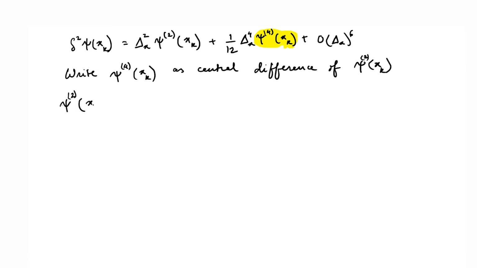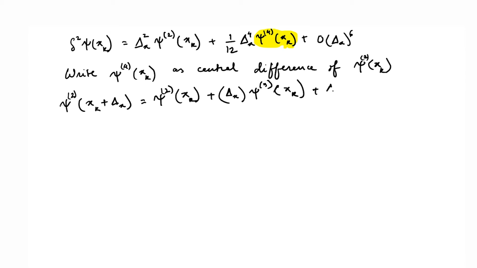We write psi 2 at x_k plus delta x, that is k plus 1, as psi 2 x_k plus delta x psi 3 at x_k plus delta x squared by 2 psi 4 at x_k plus other higher order terms.